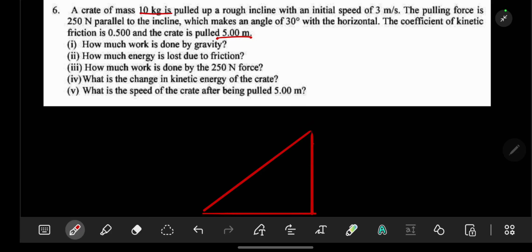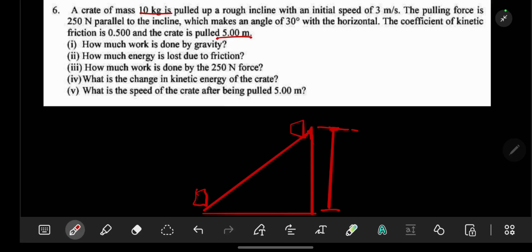So be careful. When you're calculating the potential energy, the height is from down here to where it is and not how it has moved. So this is how you have moved. We are only interested in the initial position and the final position in terms of the vertical height.